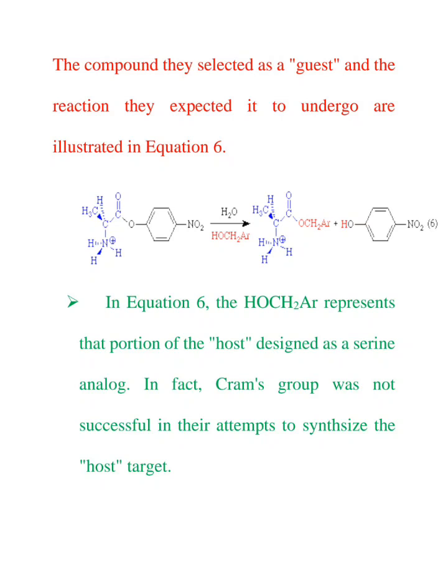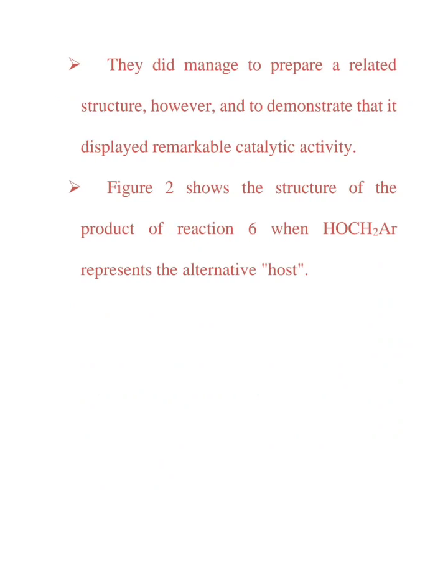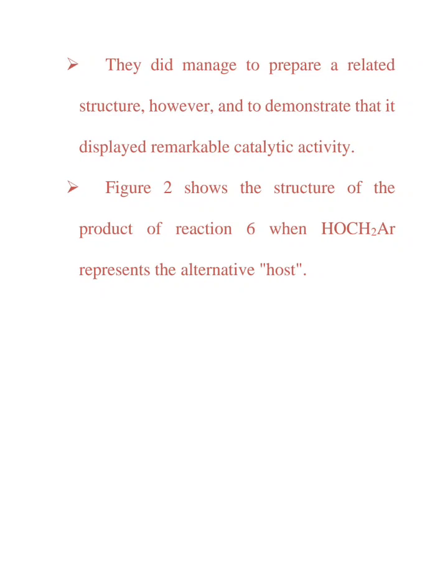In fact, Cram's group was not successful in their attempts to synthesize the host target. They did manage to prepare a related structure, however, and to demonstrate that it displayed remarkable catalytic activity.